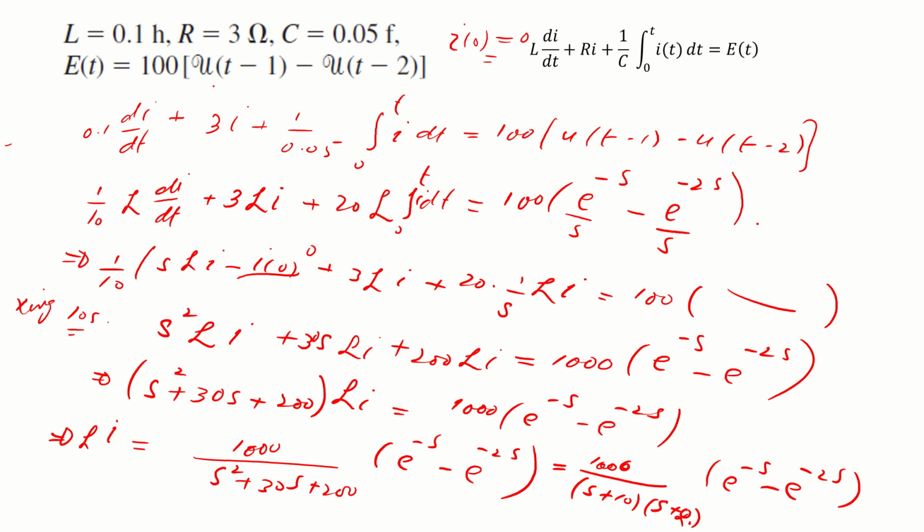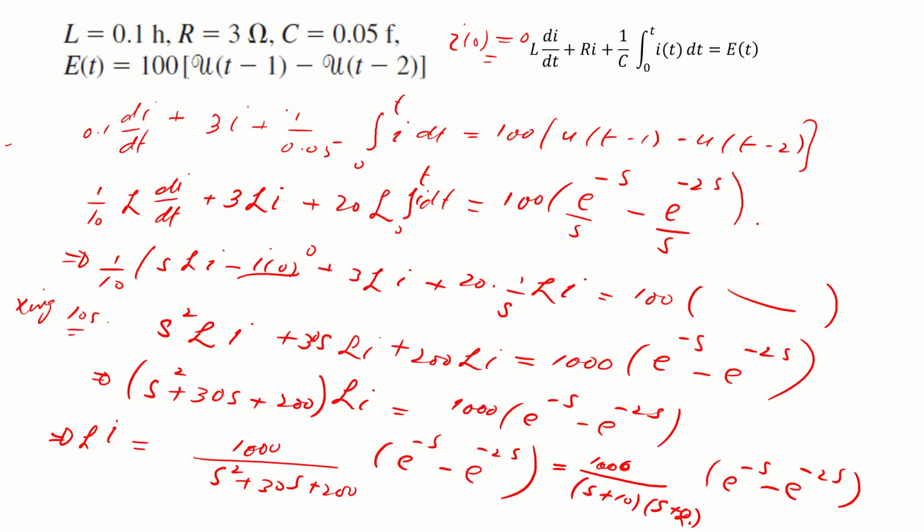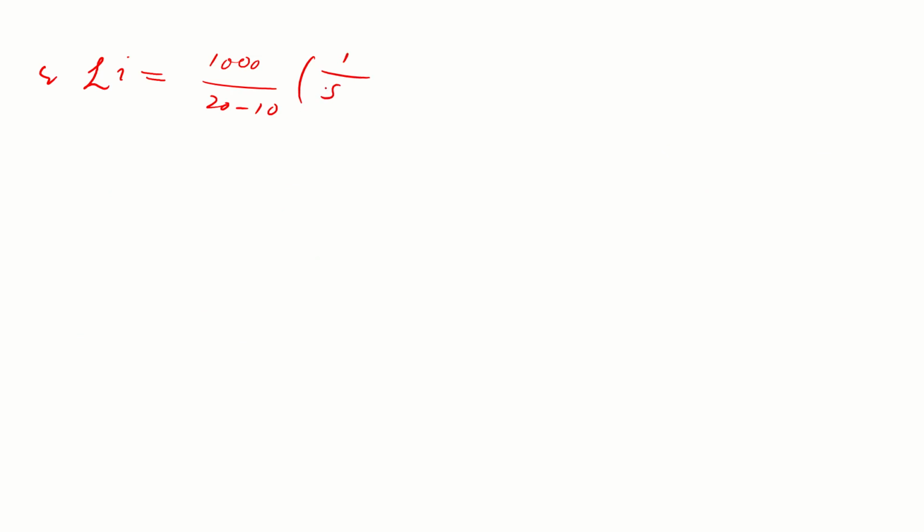or Laplace of I, that is equal to 10,000 divided by (20 minus 10), and we have 1 over s plus 10 minus 1 over s plus 20, into (e power minus s minus e power minus 2s).